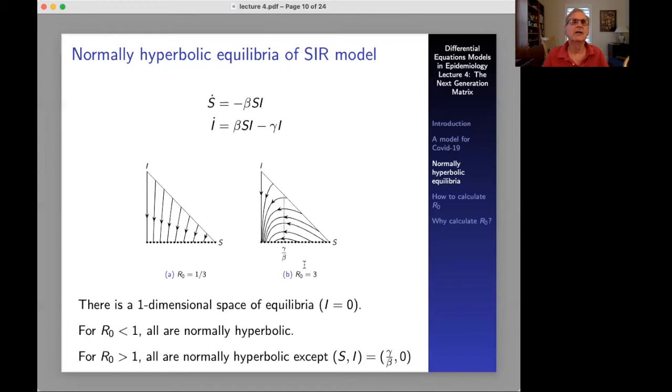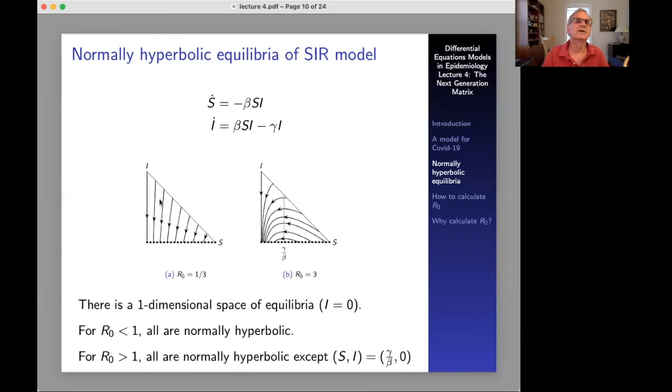First of all, in both cases, there's a one-dimensional space of equilibria. It's I equals 0. There it is. Second, in the case R naught less than 1, it turns out that all these equilibria are normally hyperbolic. The other eigenvalue is negative. So they all have a one-dimensional stable manifold.